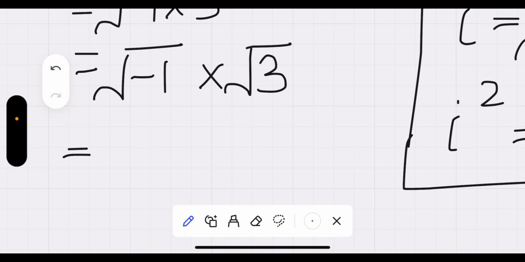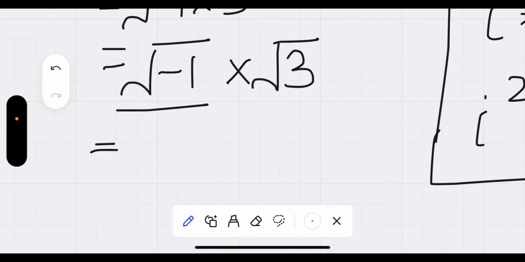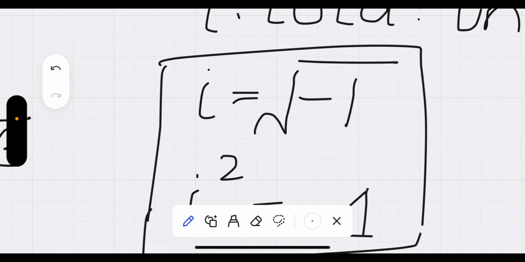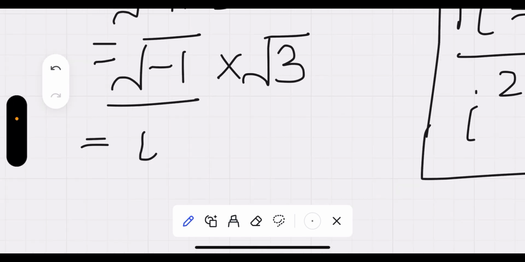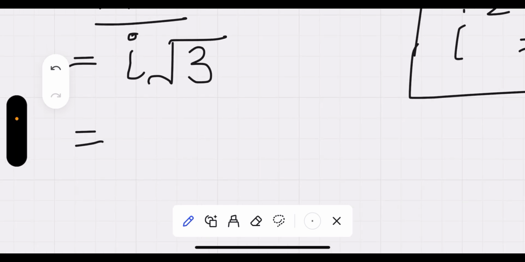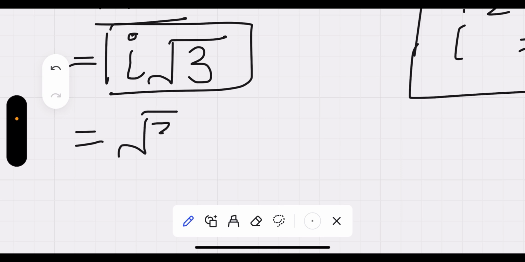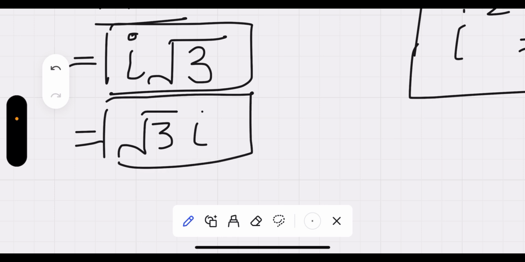And since I already told you that square root of -1 is iota, we replace it with iota multiplied by, or we can skip the multiply sign, square root 3. This is the answer. It is better to always write the square root of 3 first and iota at the end. However, both are correct answers.